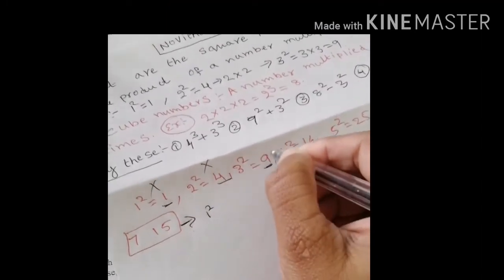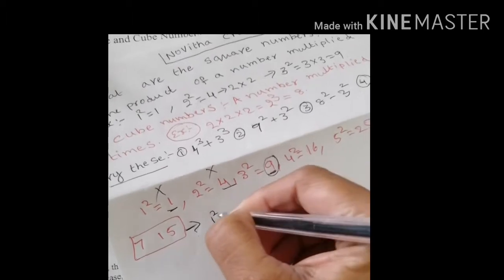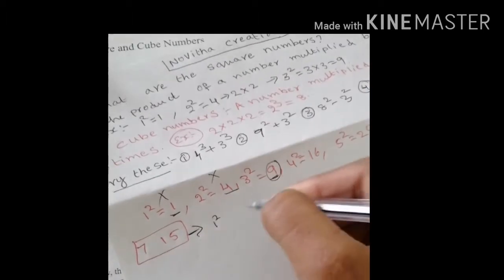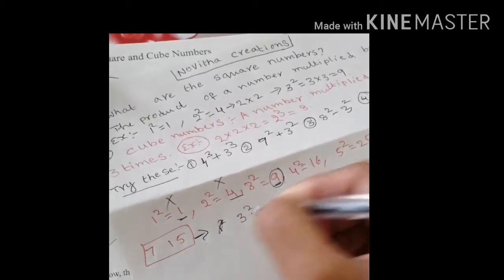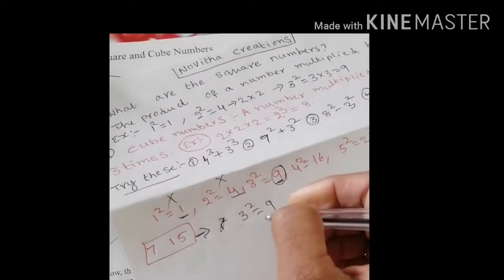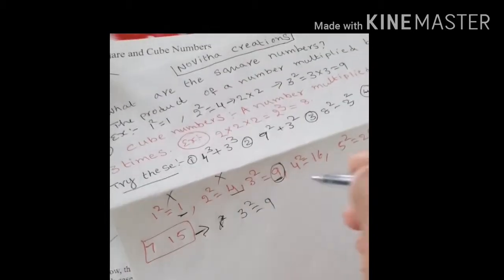This number is less than 7 and less than 15. So this number, no. But 3 square, yes, because the 9 is a square number. At the same time it falls between 7 and 15. So yes, 3 square equal to 9 will fall between 7 and 15.